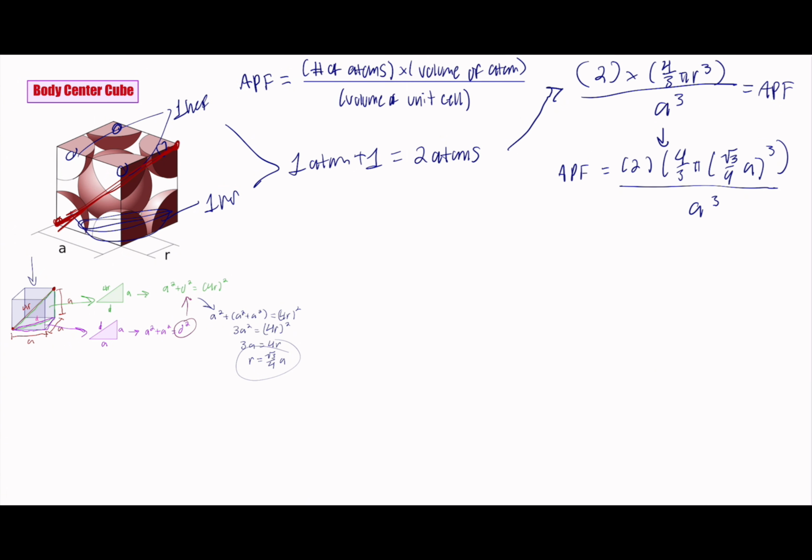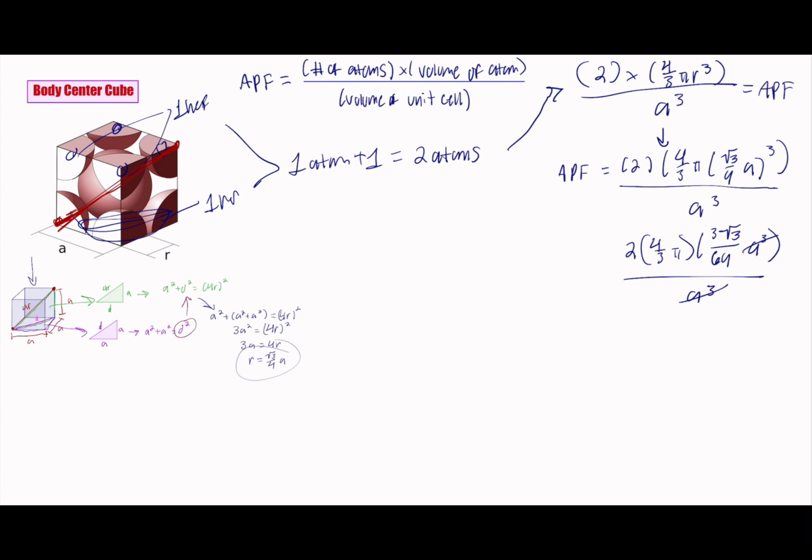And then we can simplify this. It will be 2 times 4/3 pi times 3 times square root of 3 over 64 times A cubed. So then we can cross out these A cubes.